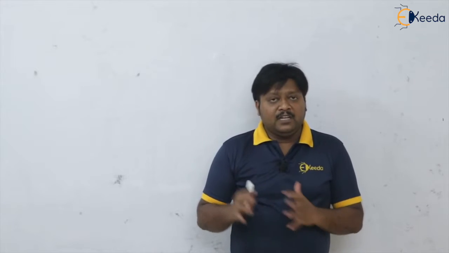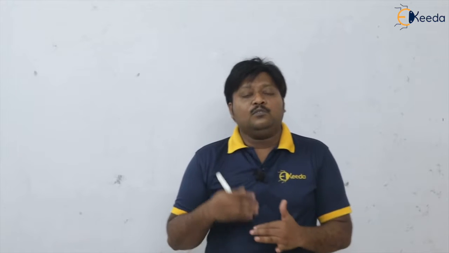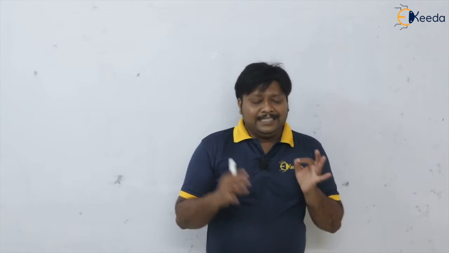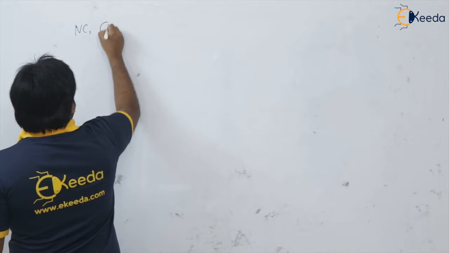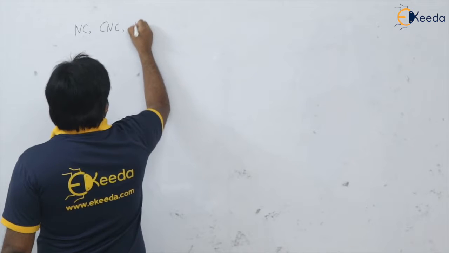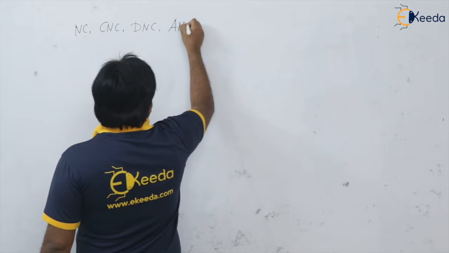Now see, as we have seen in the first video about the limitations of the normal machining methods, to overcome those limitations we have the advanced machining methods. We are going to study advanced machining methods like NC, that is numerical control, CNC, computer numerical control, then direct numerical control, then adaptive numerical controls.